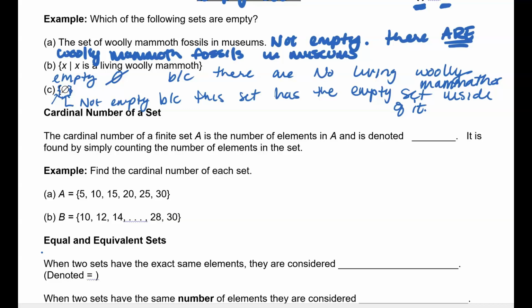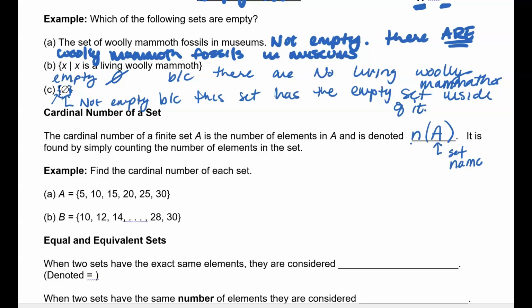The cardinal number of a finite set A is the number of elements in A, and because we often have shorthand ways of writing things in math, it's denoted n of whatever the set is called. The set name can vary, but we always use the lowercase n.